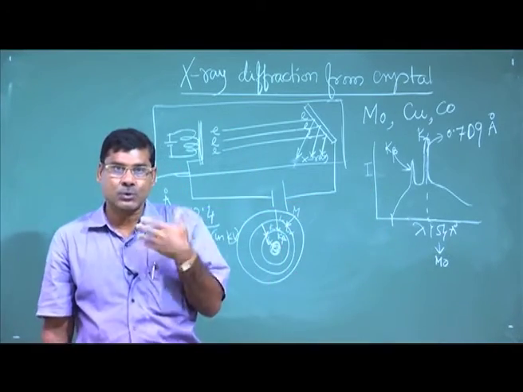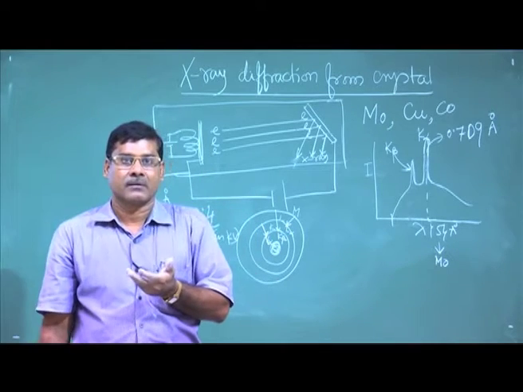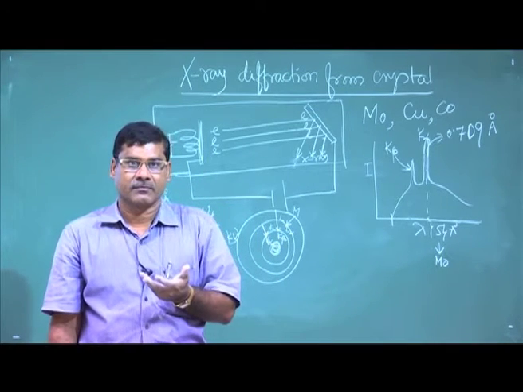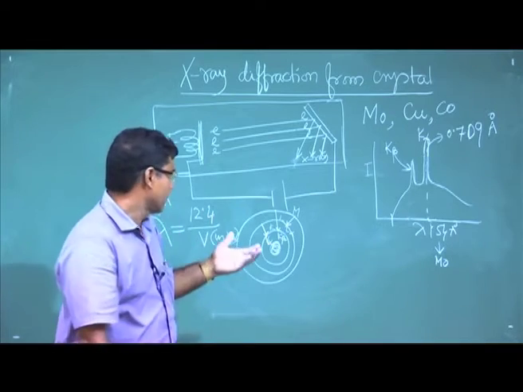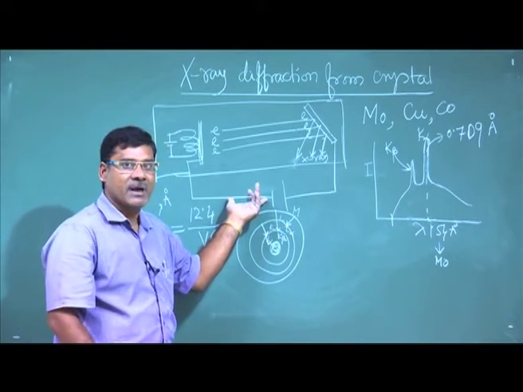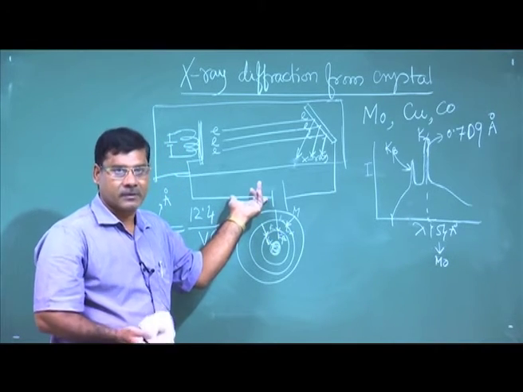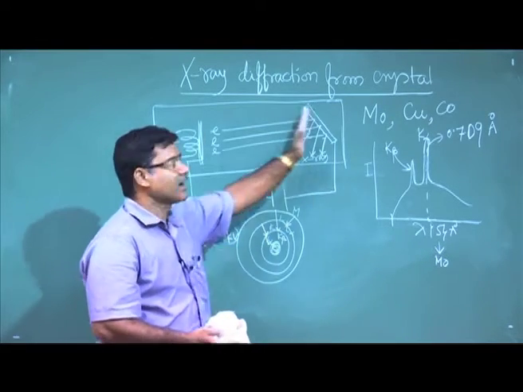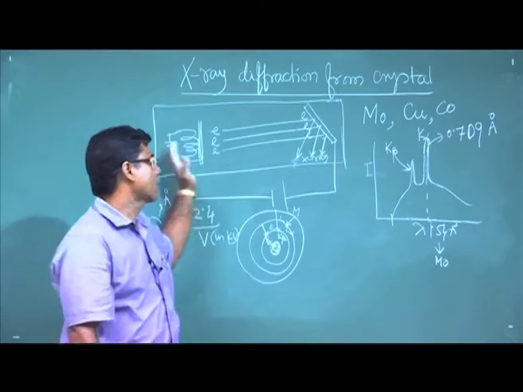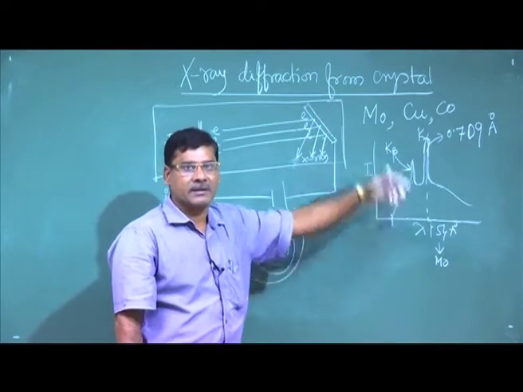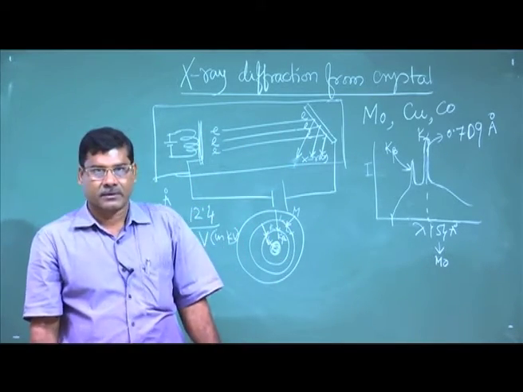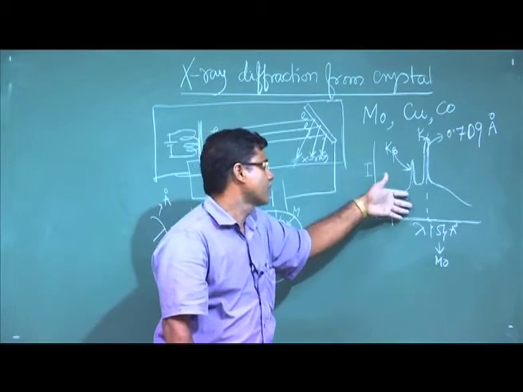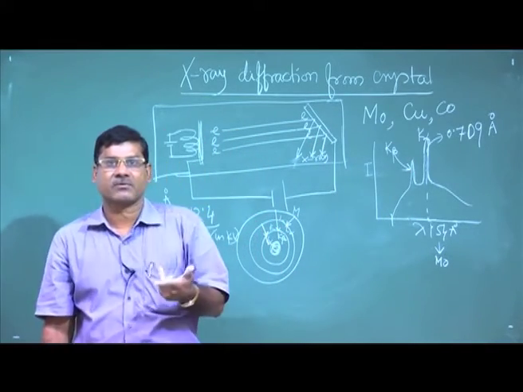If I want to choose K alpha with higher intensity, we apply a higher voltage. Then the accelerated energy will be higher, so more electrons hit the target, and you will get more and more X-rays, so the intensity will be higher.